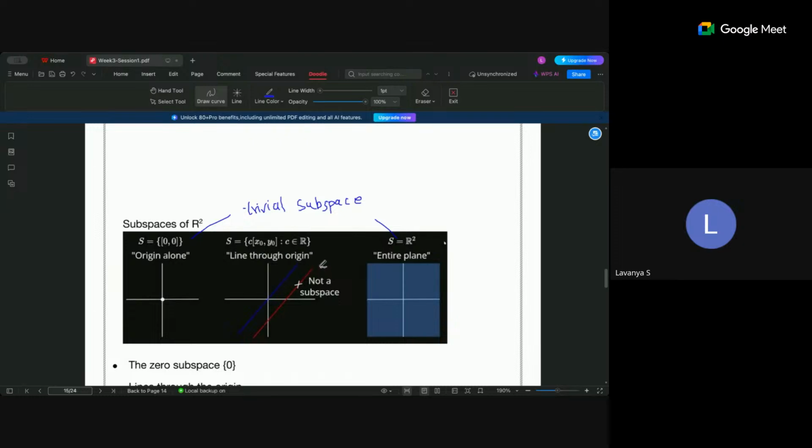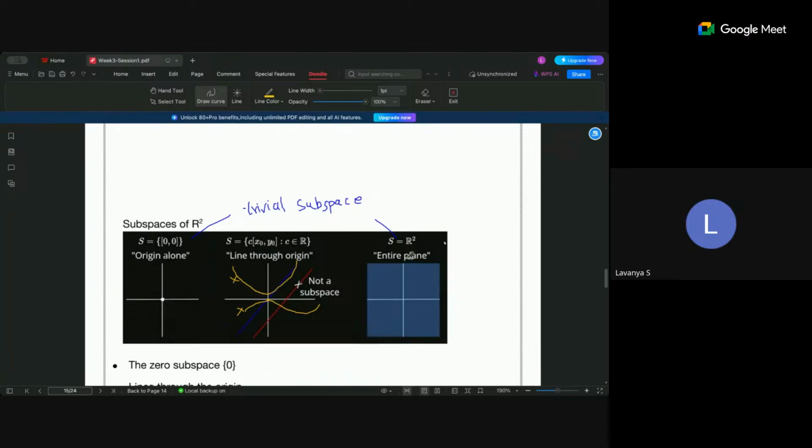If you consider any other line, or any other parabola, or any other curve passing through origin, these are not subspaces. Only a line through origin is a subspace, apart from the origin and the entire plane.